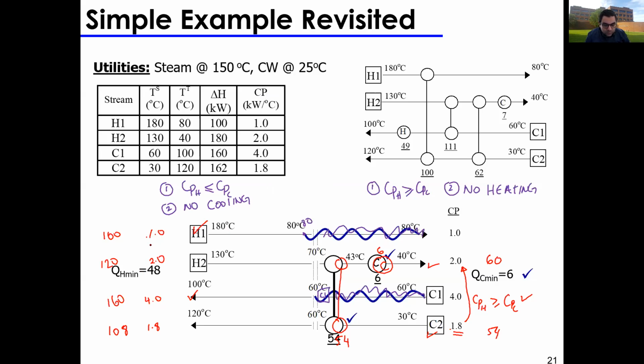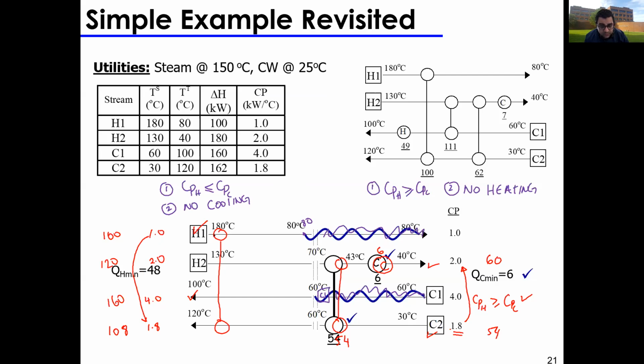I'll try to connect 1 with 1.8. Is CP hot less than CP cold? Yes, 1 is less than 1.8. So let's try and connect these two guys right here.